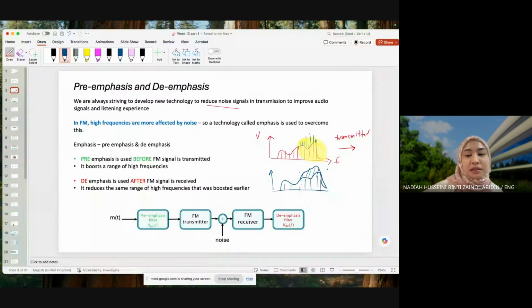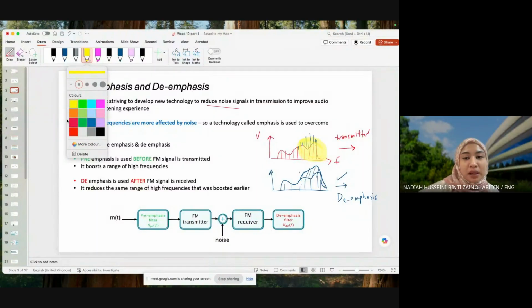It amplifies the higher frequency range before it is transmitted, and then after it is transmitted, your receiver will receive this and pass it through de-emphasis. We are just discussing this conceptually. Of course, we have a block diagram and everything after that. So this gets passed through the de-emphasis, and de-emphasis will do the opposite of what emphasis just did.